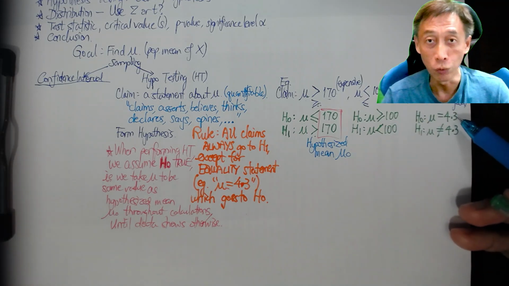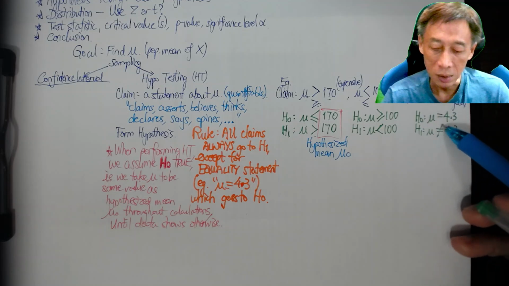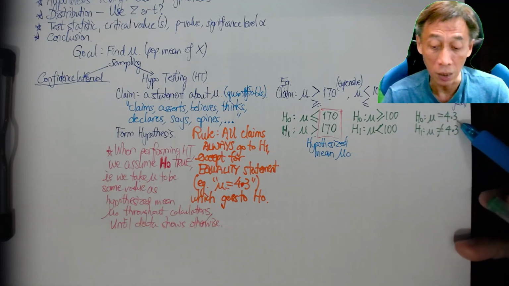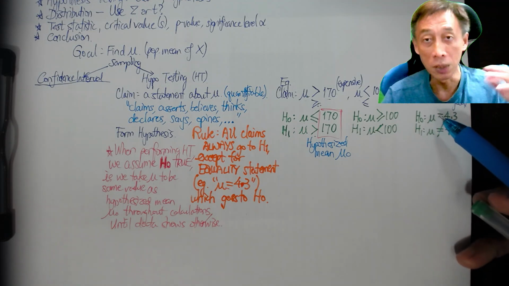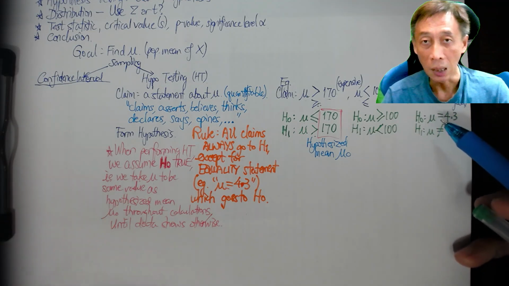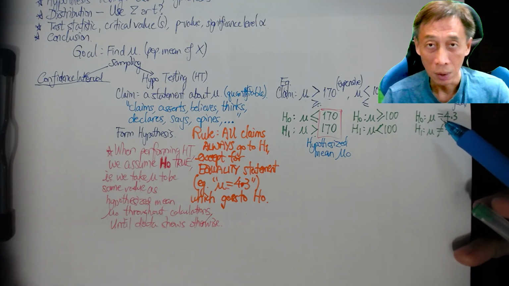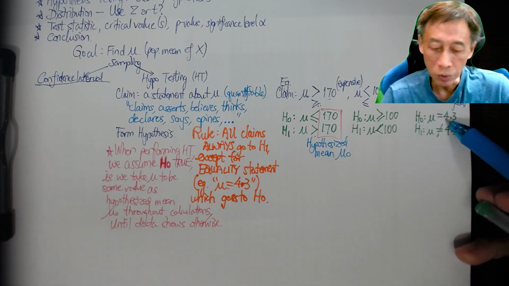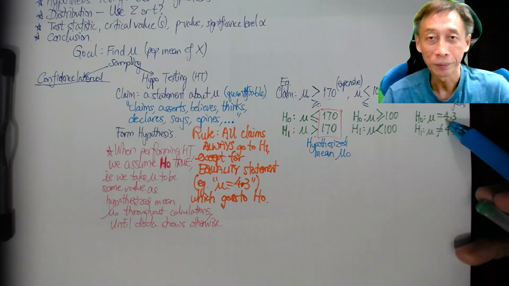We'll treat it as true first. You see that in this case, the claim was 4.3. And so in our calculation, we also treat it as 4.3. Yeah. And then we proceed to sample and we calculate and we perform comparisons. If it doesn't force us to reject H0, then we don't reject H0.